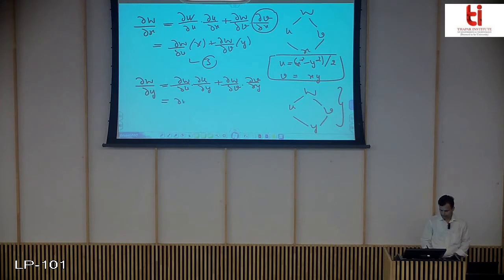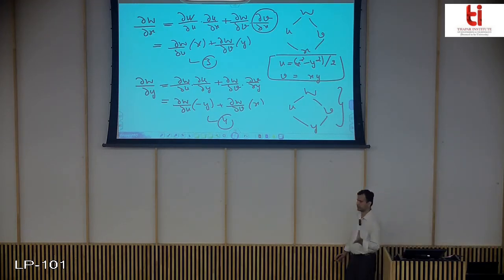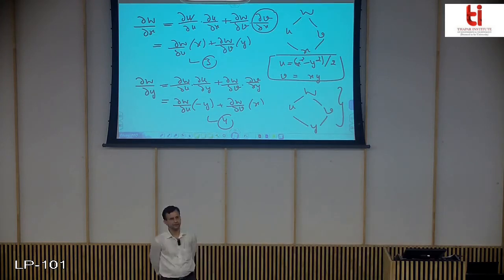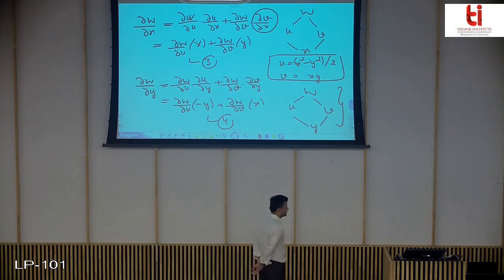Now del w by del u stays as such, because w is not given explicitly in terms of u and v. It is just given as a function of u and v. And del u by del y is minus y, and del v by del y is x. So this is equation 4. Done. In this way, using a similar concept to the first derivative, we find the first derivative of w with respect to x and with respect to y.